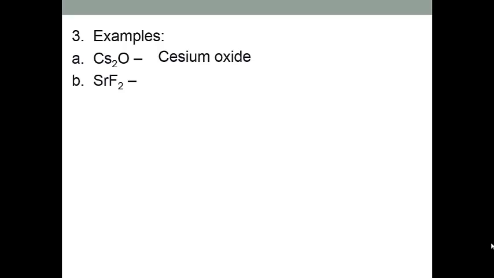It is in family number 2. And so it does not need parentheses or Roman numerals. So it's just going to be written from the periodic table, strontium. And then our F, we know is fluorine, but the nonmetal, we change the ending. So fluorine becomes fluoride, and we have strontium fluoride. That's the name of SrF2.